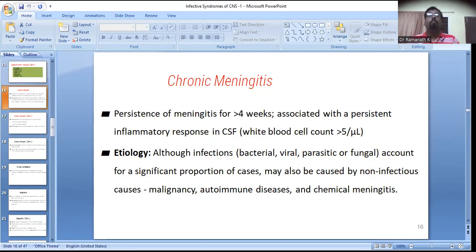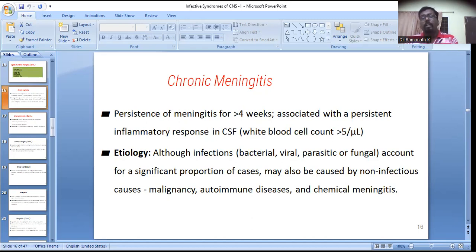What is chronic meningitis? Chronic meningitis is a meningitis with a disease progression of more than 4 weeks, associated with a persistent inflammatory response in the central nervous system.